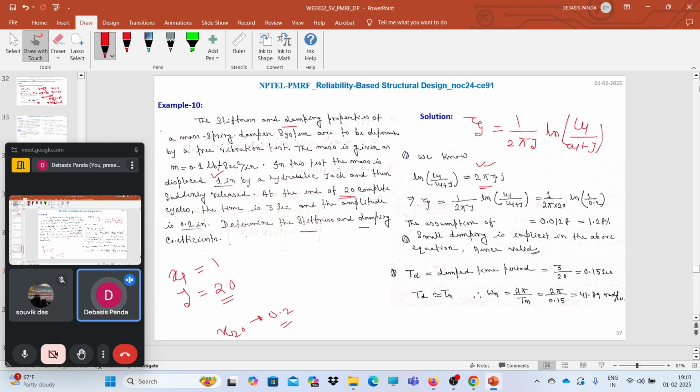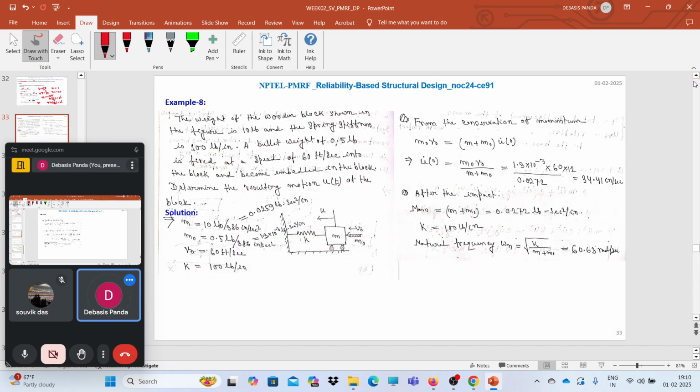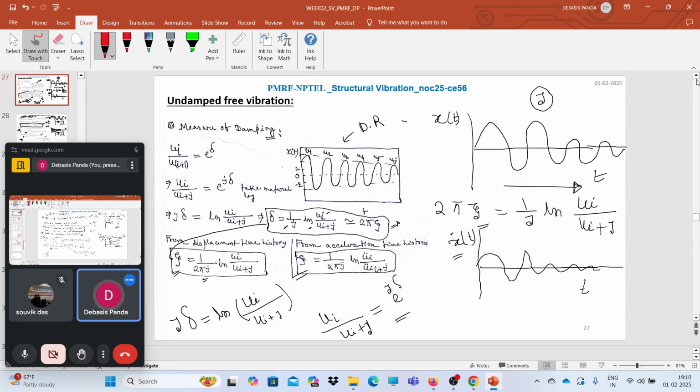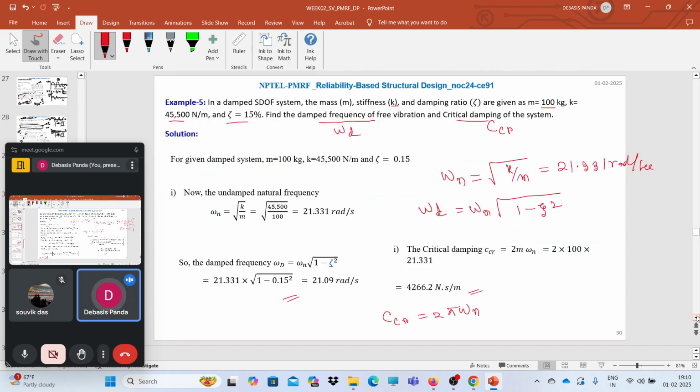Already we have derived this formula from the displacement response curve, how we can find out the damping ratio. Now put all these values in this formula and try to solve it.